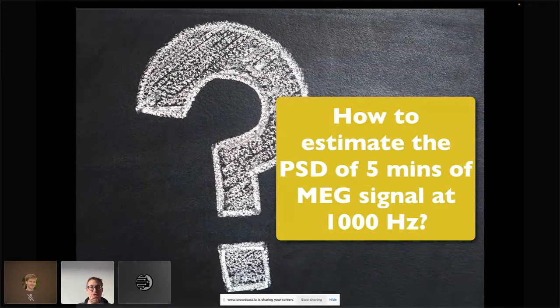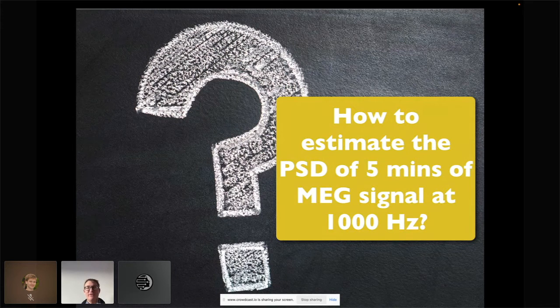Let's say you want to compute the so-called power spectral density, which is a function that is the L2 strength of your signal as a function of frequency. So you want to obtain a curve that will quantify how strong your signal is for different frequencies. This is the so-called power spectral density.